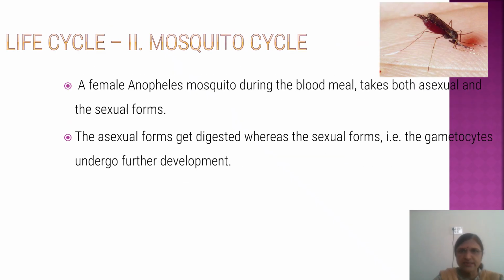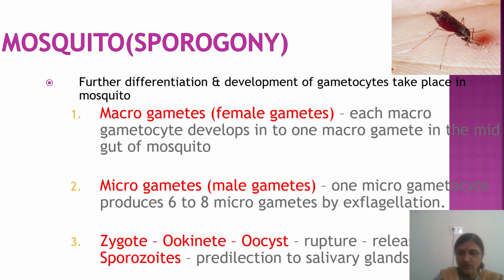In mosquito it is sporogony, the development of the gametocytes into gametes and fertilization, and then again the infective form sporozoite is formed.